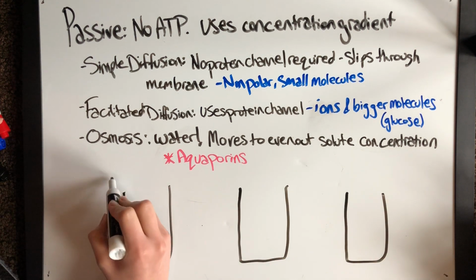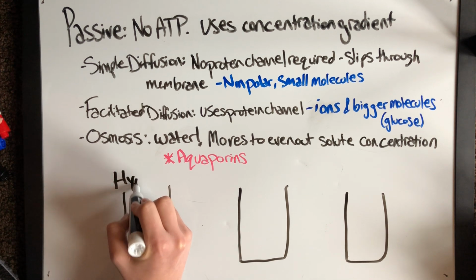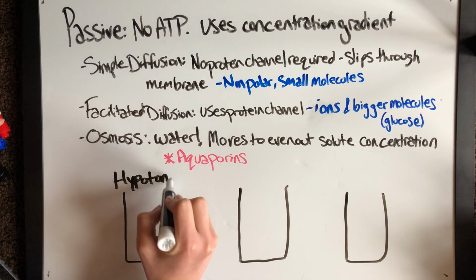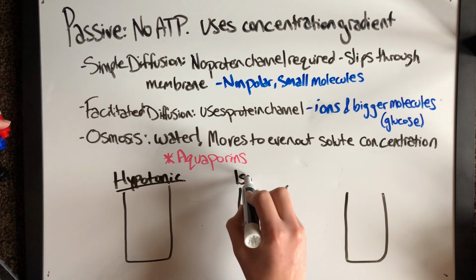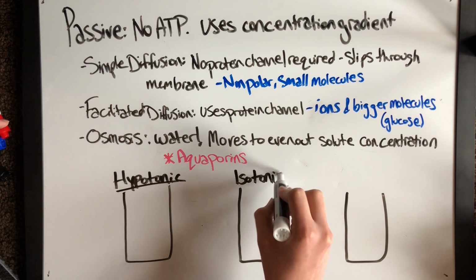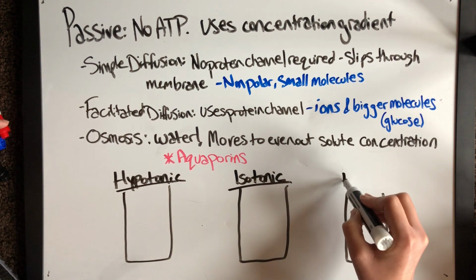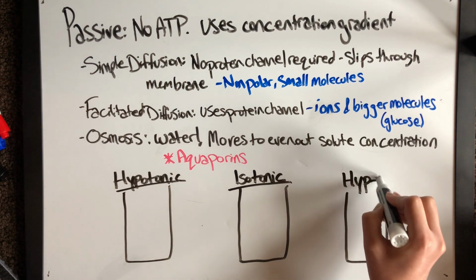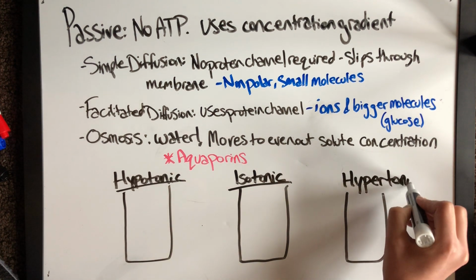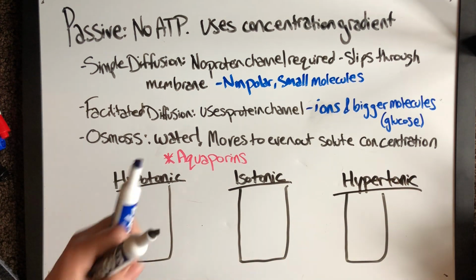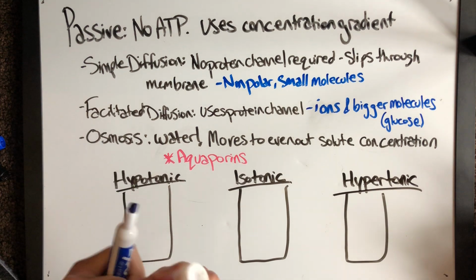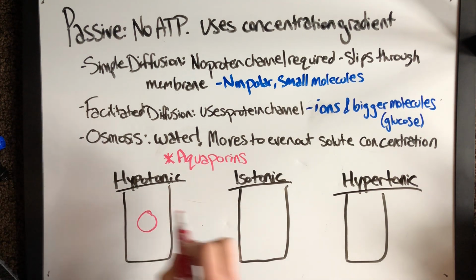So we'll make this one hypotonic. Isotonic. And hypertonic. Okay, so we'll have a little red blood cell here in our liquid.